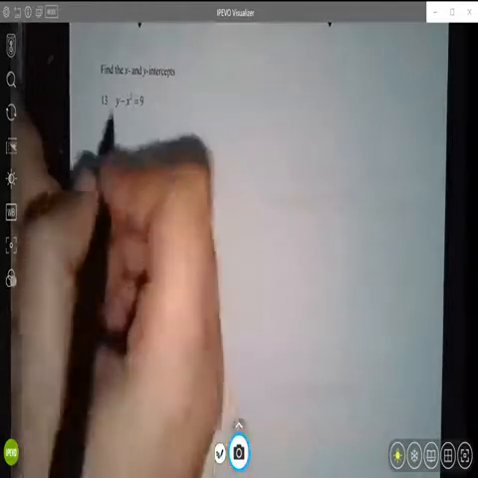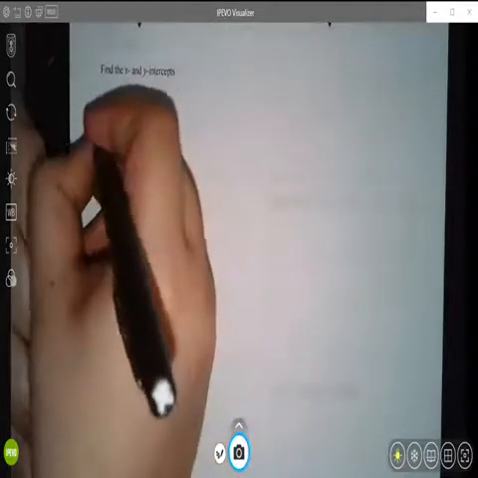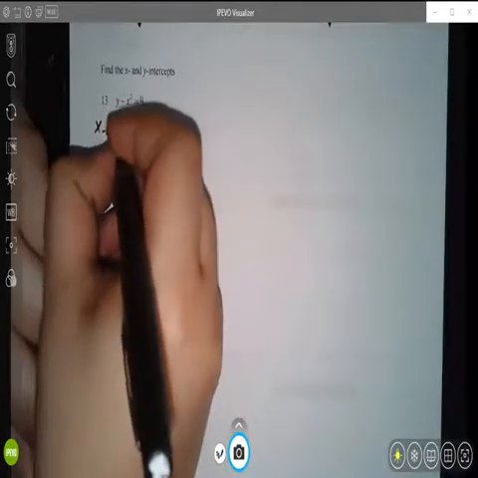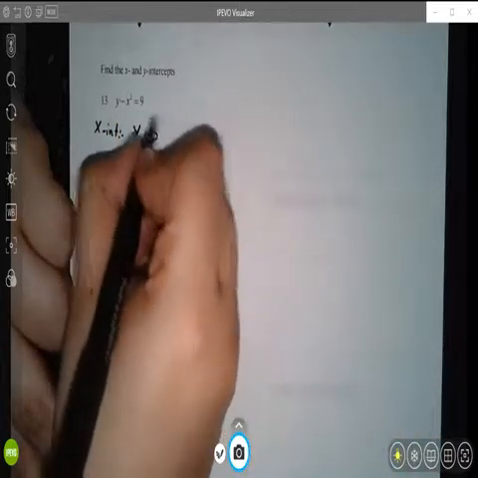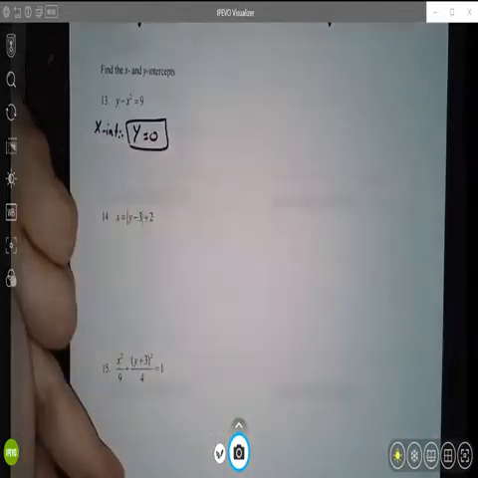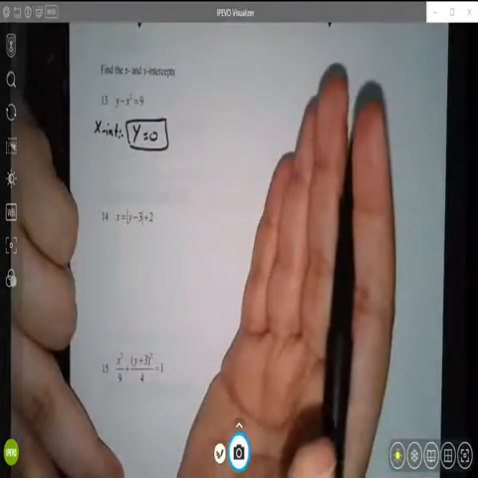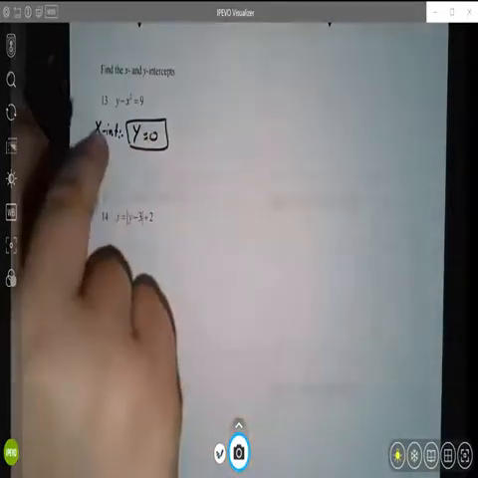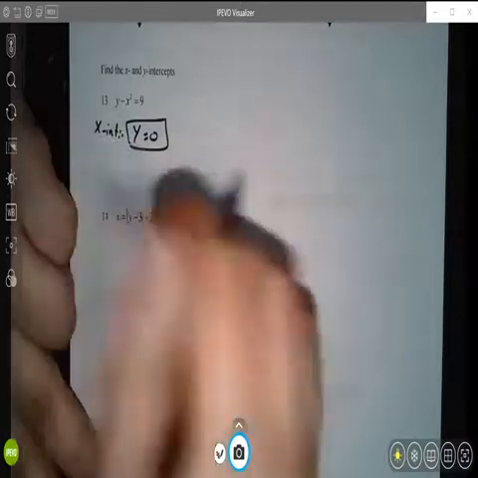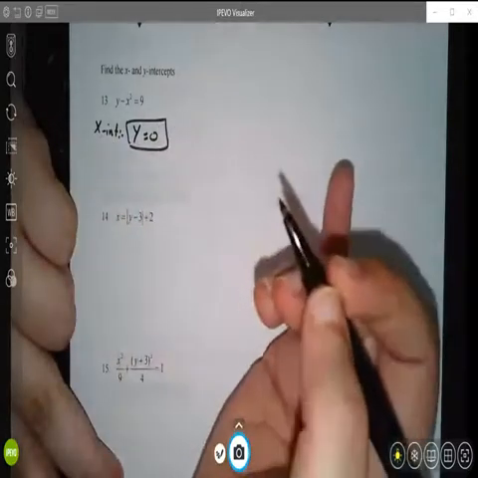So if I want to find the x-intercept for this one, that means y has to be 0. Yeah? So you just set it to be 0. You assume it's 0. Does that make sense? So in order for it to be the x-intercept, y has to be 0. And we solve based on that.